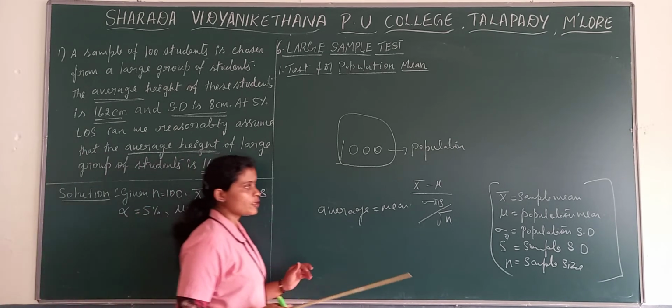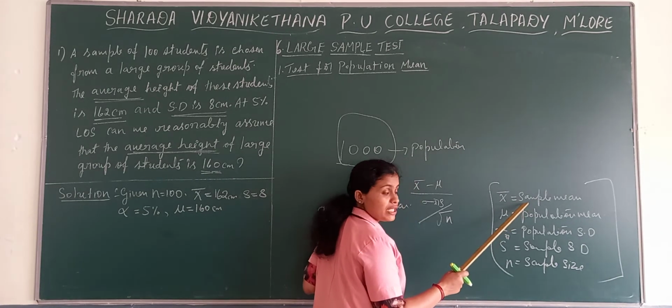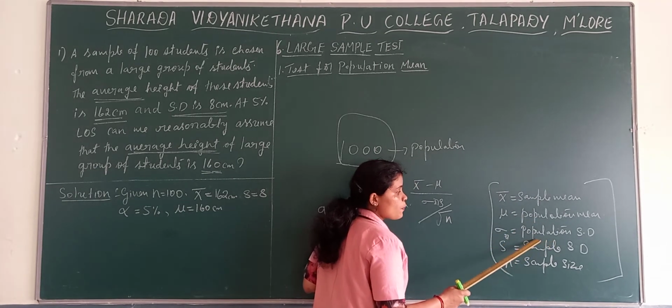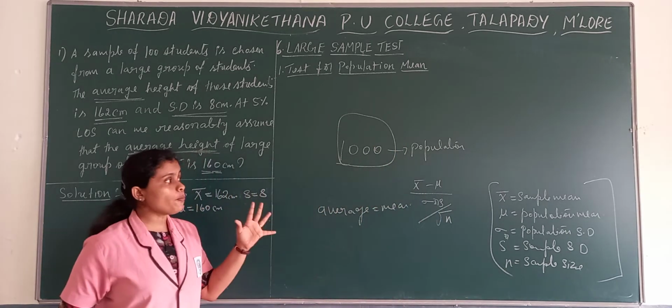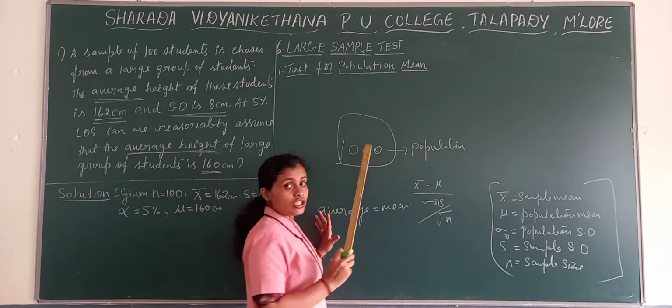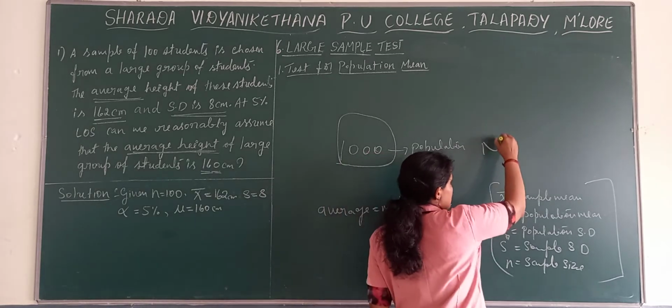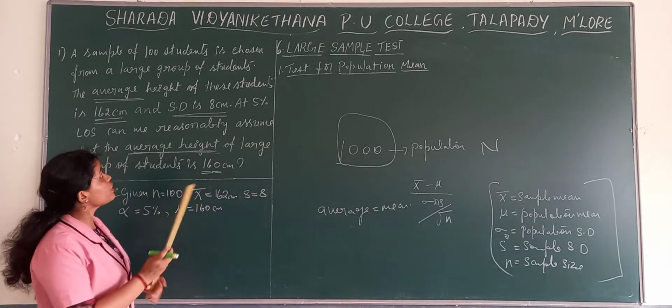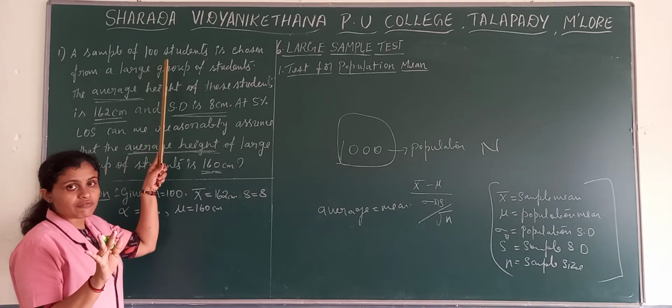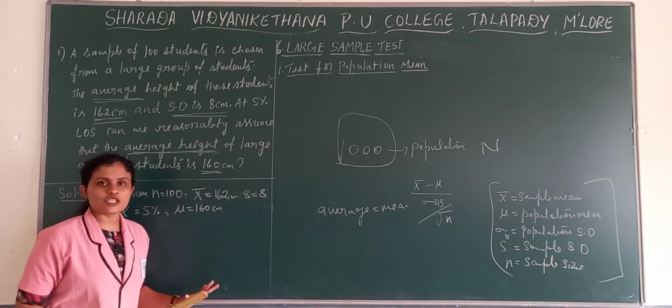Don't get confused between how to identify sample mean, population mean, population standard deviation and sample standard deviation. The whole population number will not be given. Only what we have chosen from that population as a sample will be given. And read the sentence properly.